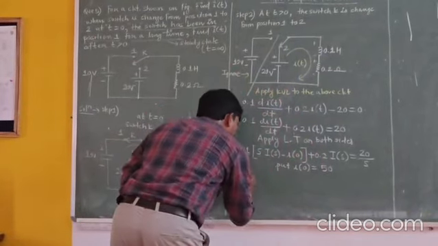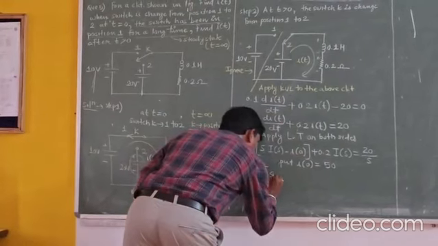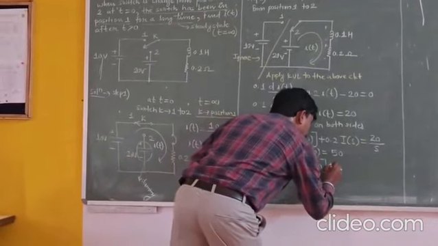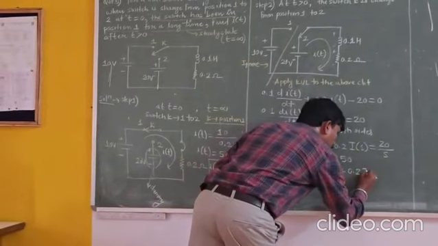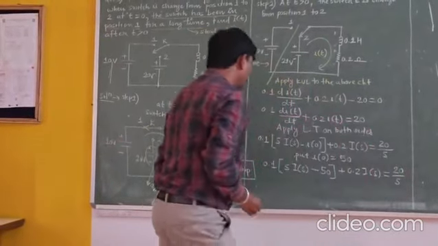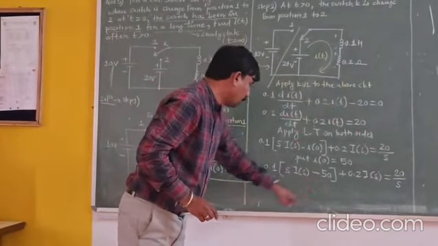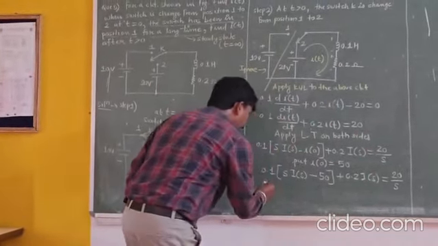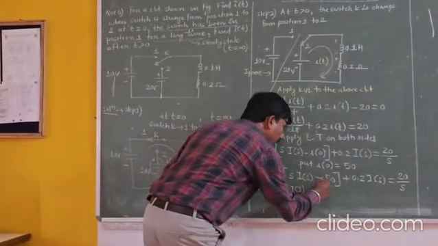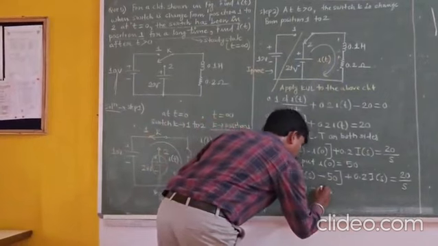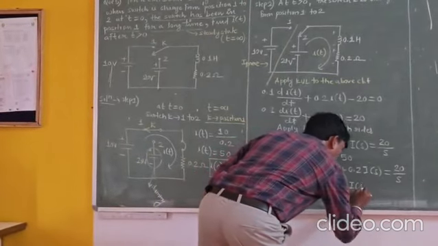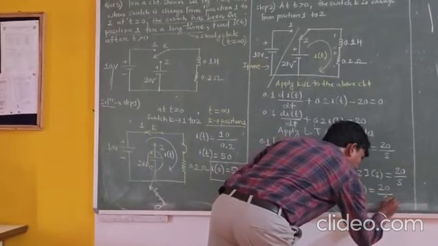So 0.1 s into I of s minus 50, plus 0.2 I of s equals to 20 by s. Now this 0.1 is multiplied with this whole bracket, then 0.1 s into I of s minus 0.1 multiplied by 50, that is 5, plus 0.2 I of s equals to 20 by s.